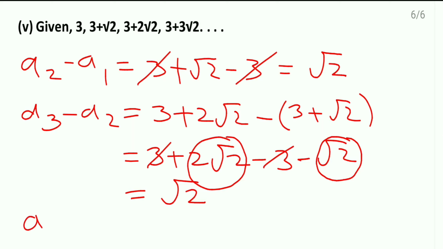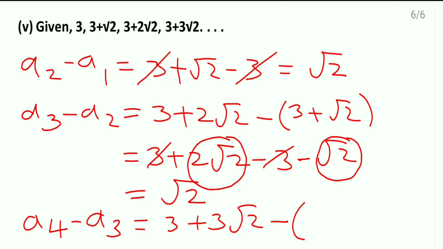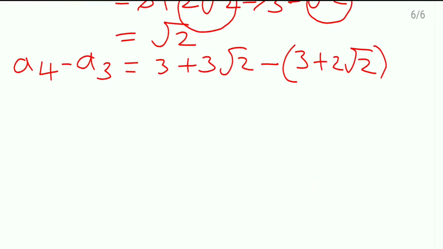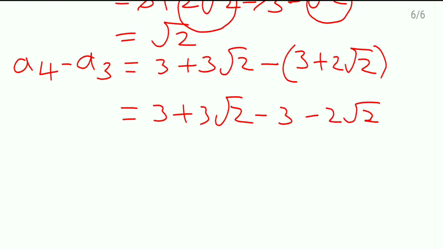Come to A4 minus A3. Here also I'll write down 3 plus 3 times root 2 minus, I'll give the bracket, 3 plus 2 times root 2. And then here open the bracket: minus 3 minus 2 times root 2.